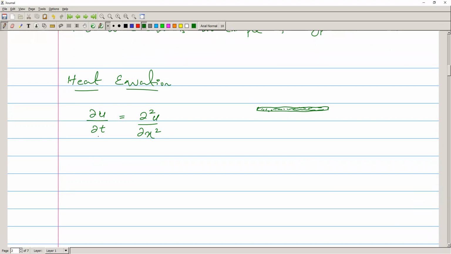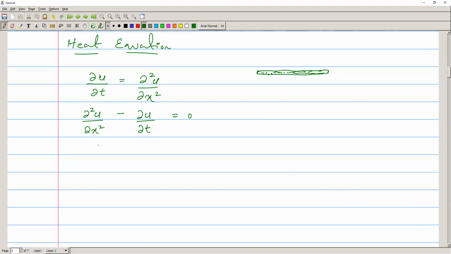So now we can write it like this: dou squared u over dou x squared minus dou u over dou t is equal to 0. It doesn't matter if you shift this dou squared u to the left side or shift this dou u over dou t to the right side. It doesn't matter at all. So now we can see that, first of all, the coefficient of this is 1, and the coefficient of this is -1 because of this negative sign.